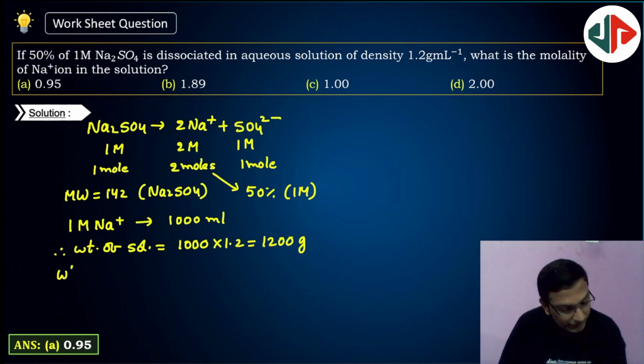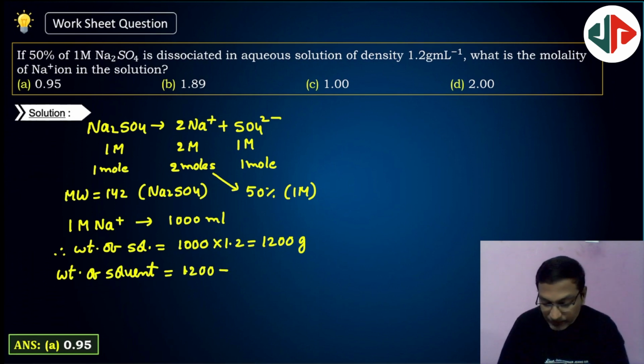Next, weight of solvent equal to weight of solution, which is 1200, minus weight of solute. So weight of solute means molecular weight only, 1 molar. 1 molar means 1 molecular weight present. Therefore 142. So which is equal to 1058 grams.